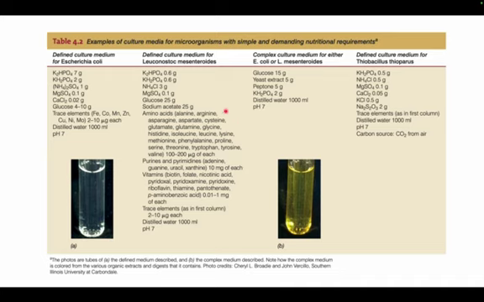So what we are doing is essentially we had to make this medium. You can see that this medium would be extremely difficult to make because you have to weigh all of these components individually and add them in. So rather than going for defined culture media, usually we will go for something called a complex culture medium. We'll be keeping things such as yeast extract and peptone. Yeast extract and peptone are not chemically defined components.